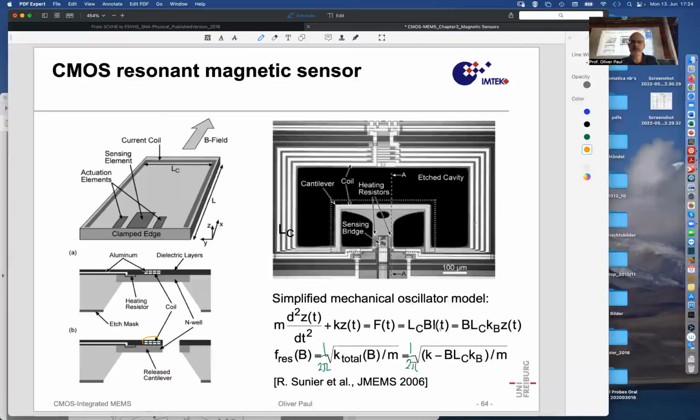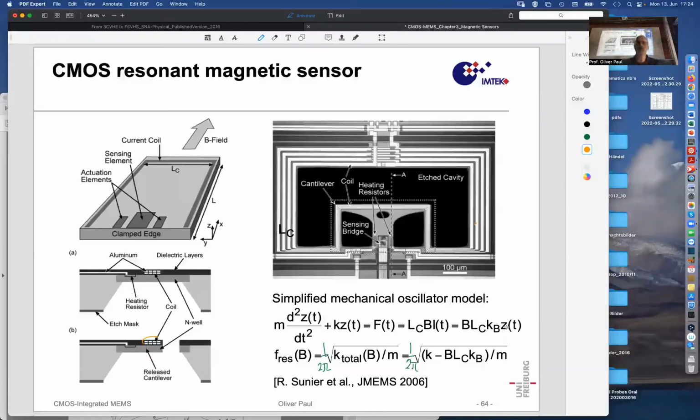And then this I is now by the system defined to be proportional to Z. So the measurement of the deflections through those sensing bridge resistors enables to set I proportional to the out of plane deflection. And so that's what is the driving force now. And the driving force now depends on Z.